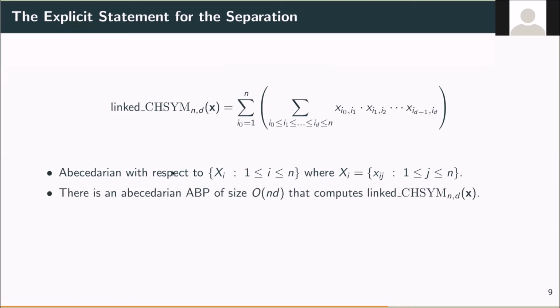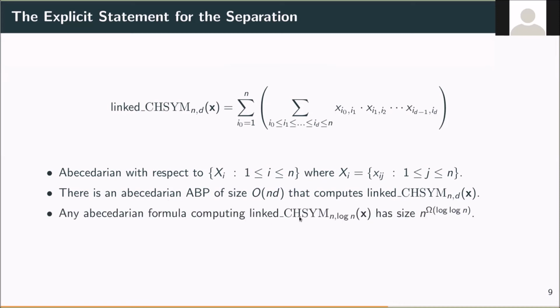Secondly, again, it's not hard to see that there is an abecedarian ABP of small size computing it. And thirdly, the most non-trivial part is we show that any abecedarian formula computing the log n degree version of the polynomial must have size at least n to the omega log n.